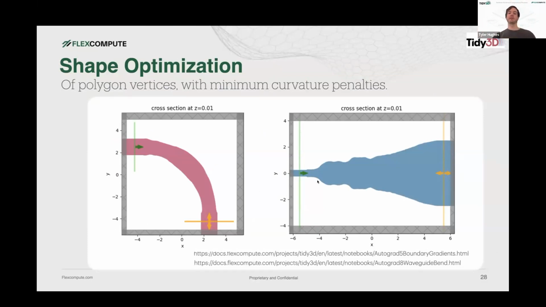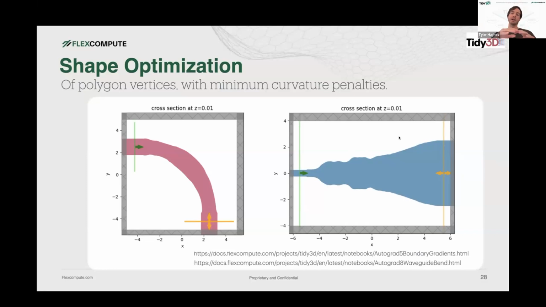In this example, I have a taper on the right. You start with a linear taper that's defined as a polygon, so it's discretized. Then you say, I want to optimize the taper for transmission, but I'm going to let the polygon vertices move around in a controlled way or in whatever way you define.